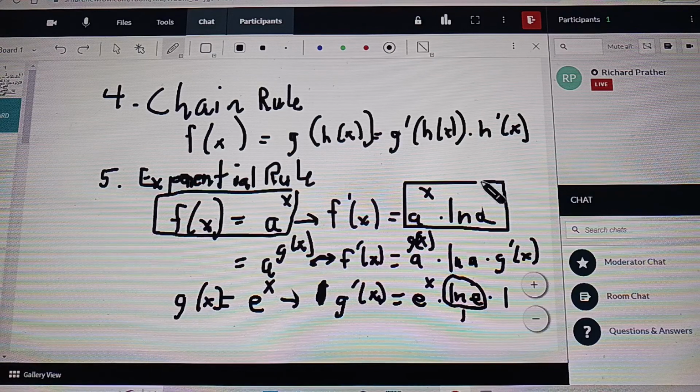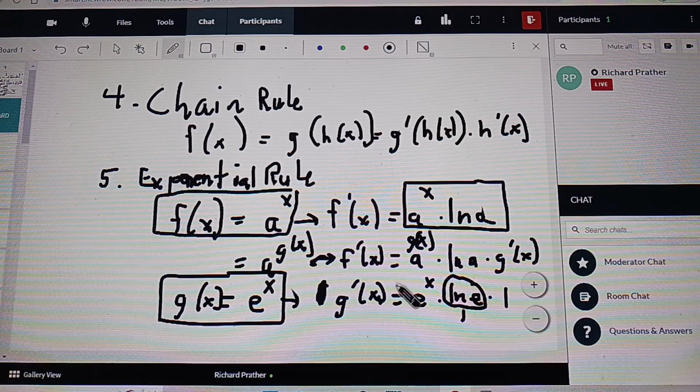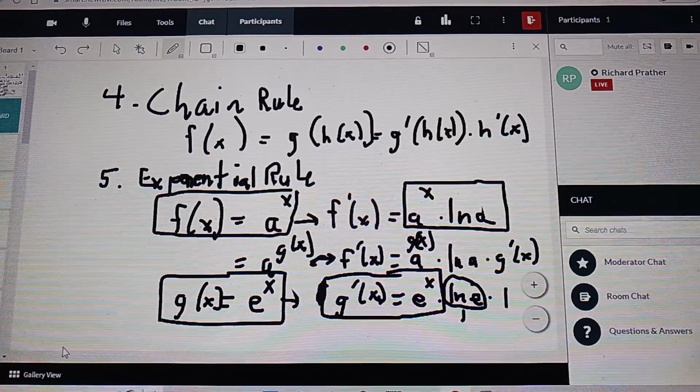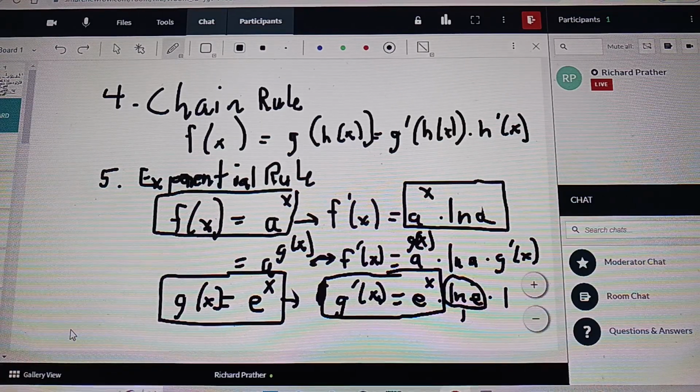That's the main rule to know here. But if your original function is e to the x, then the answer is literally just e to the x. That's really the only one that's itself, because these other two parts are ones and don't matter. And of course, if the derivative of the exponent is something different than 1, then we'll attach that on too.